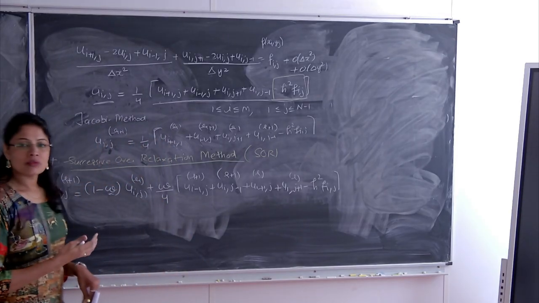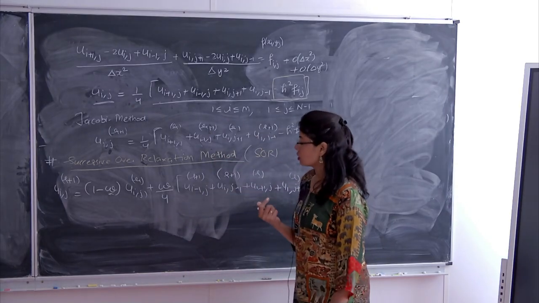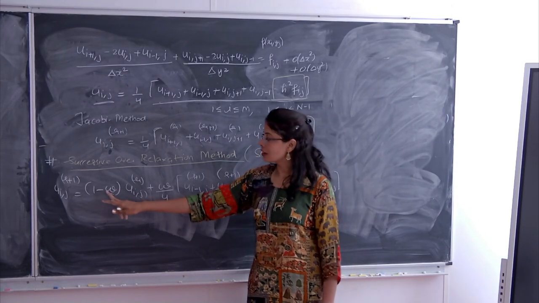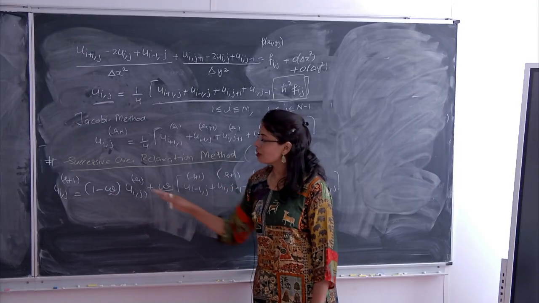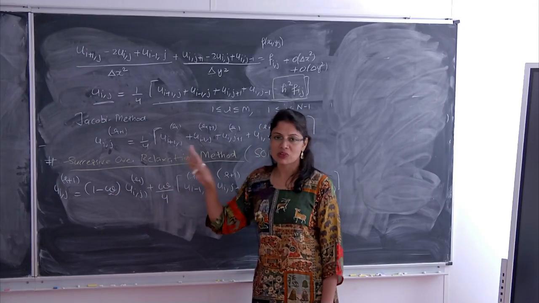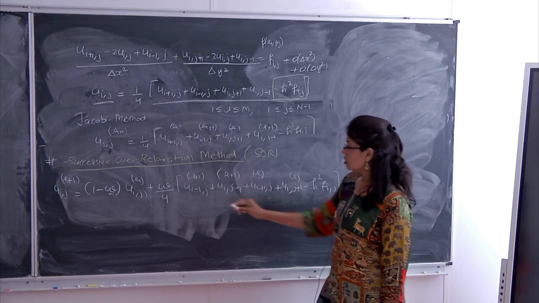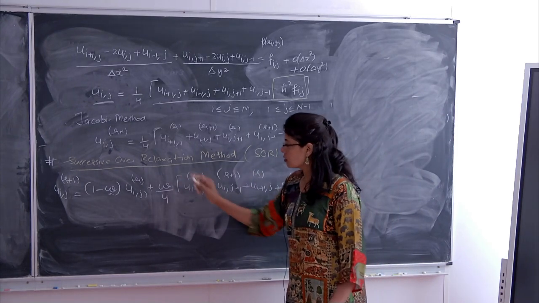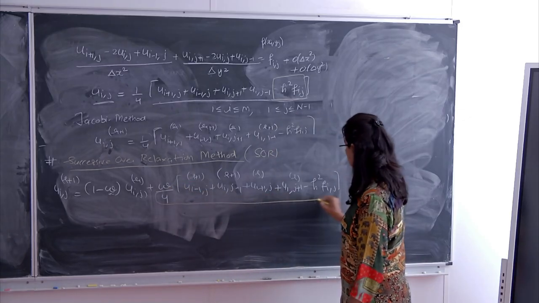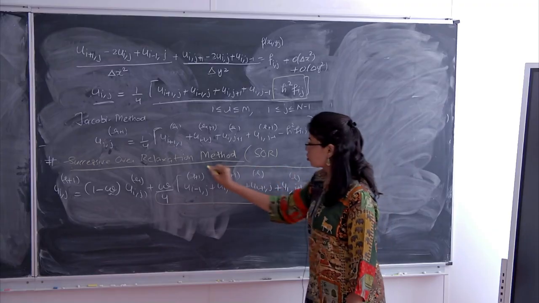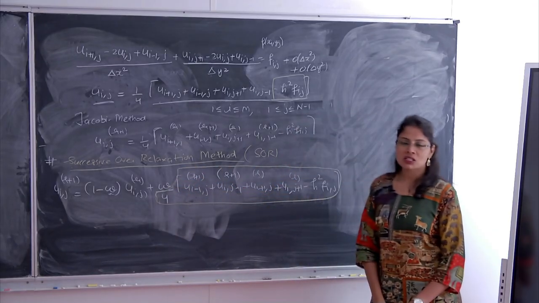So in the successive over relaxation method, we are introducing a constant which is called the relaxation parameter, omega. Now I am writing a new formula, our successive over relaxation formula. You see, the formula which I am writing here is nothing but our Gauss-Seidel method.